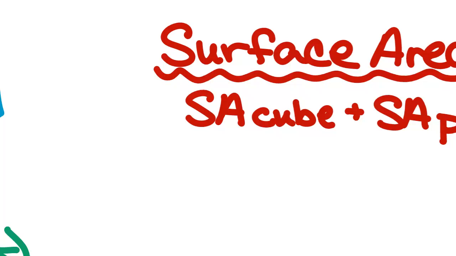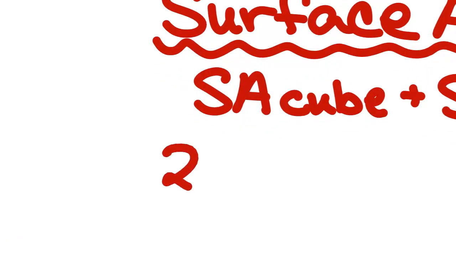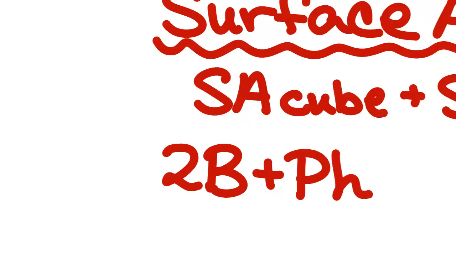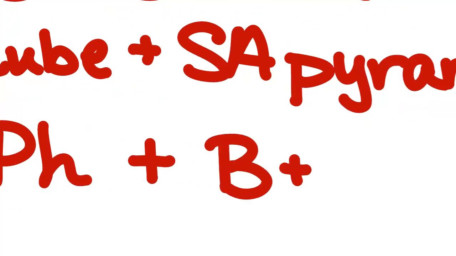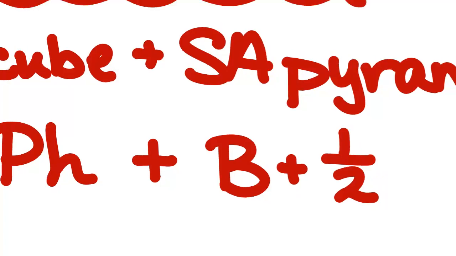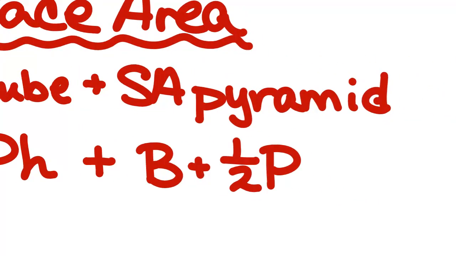I think you're looking at a cone. We want rectangular prisms because a cube is a rectangular prism. Two times the area of the base plus the perimeter times the height of the cube plus, and now we want surface area for the pyramid. Yes, area of the base plus 1/2 times the perimeter times the slant height.